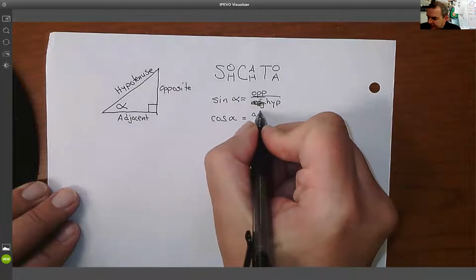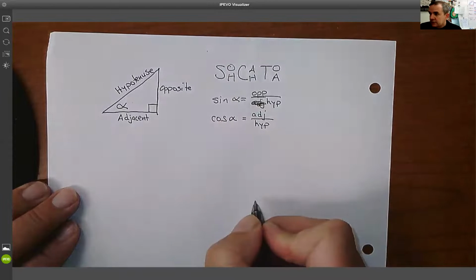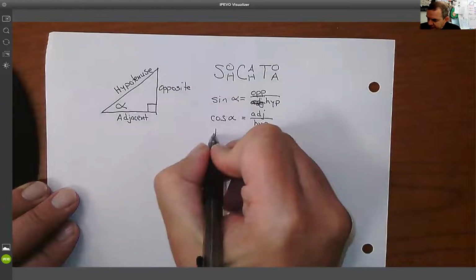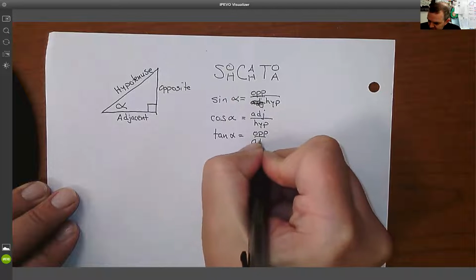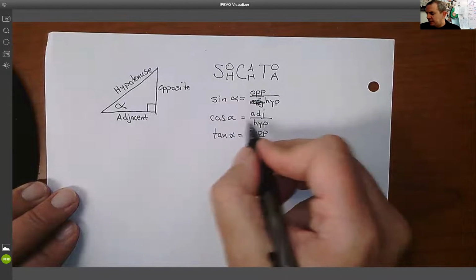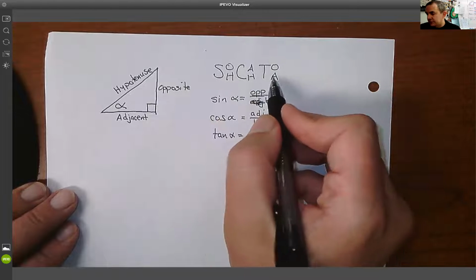Cosine of alpha becomes adjacent over hypotenuse, and tangent of alpha becomes opposite over adjacent. So again, sine is opposite over hypotenuse, cosine is adjacent over hypotenuse, tangent is opposite over adjacent. So you got your Sohcahtoa.